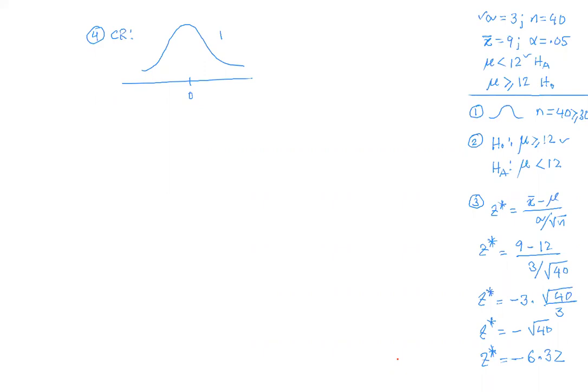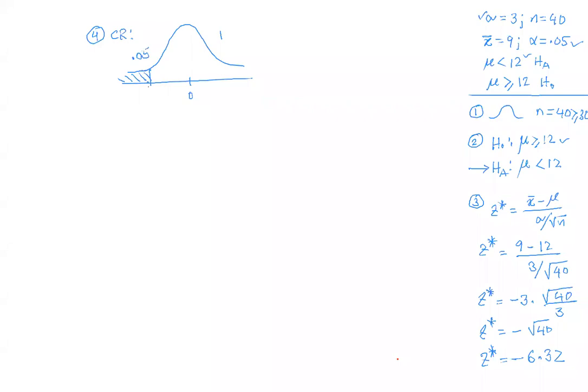Which tail would that be? It's going to be the left tail, not the right tail, George. It's going to be the left tail because the alternative hypothesis is less than. So we're going to be doing a left tail test, and the area on the left should be equal to alpha, which is 0.05.